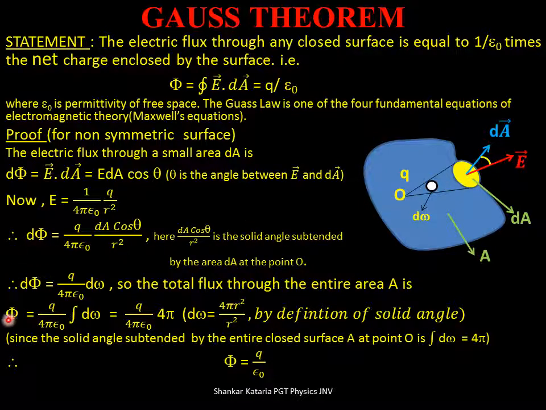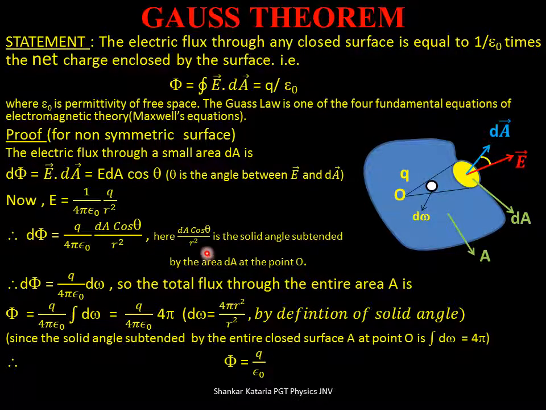To calculate the total electric flux associated with this whole surface, we need to integrate d phi. Integrating d phi gives q upon 4 pi epsilon naught, which is constant and comes out of the integration, and in the integration we have d omega.